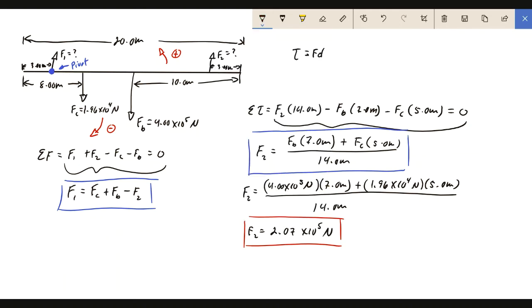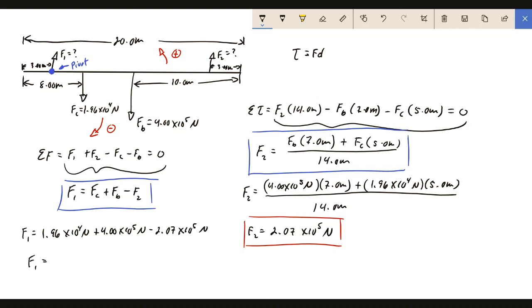Now that we have F2, we can simply use our first equation that we generated, and we can find what F1 is equal to. FC, 1.96 times 10 to the 4 newtons plus 4 times 10 to the 5th newtons minus our newly found F2, 2.07 times 10 to the 5th newtons.